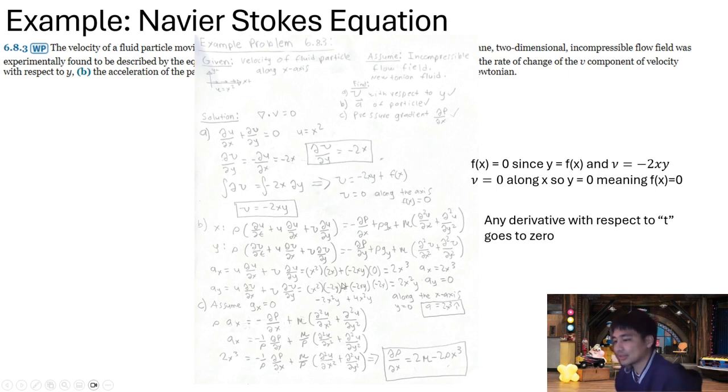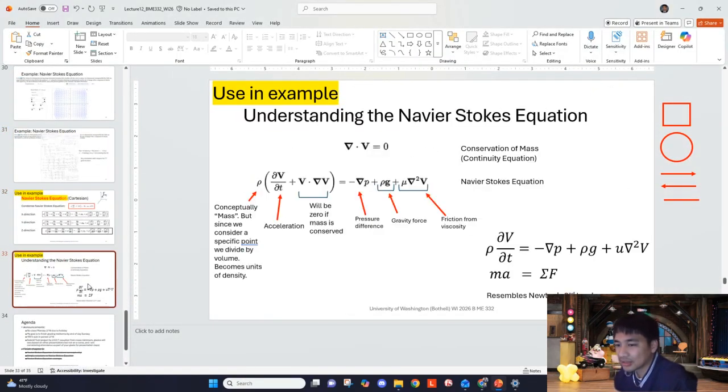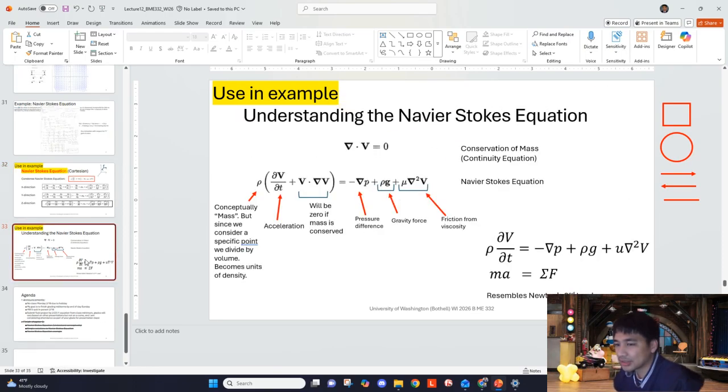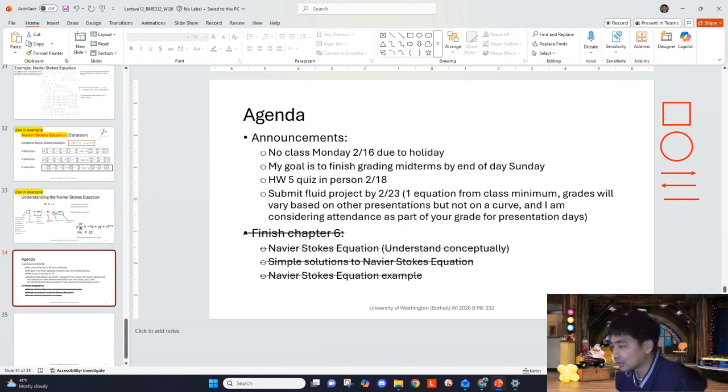All right. These are the two slides you need for the example problem. I just re-put them in there so you can easily follow, and it'll also be in the video. And we finished chapter 6 basically, so thanks for hanging in there with me.